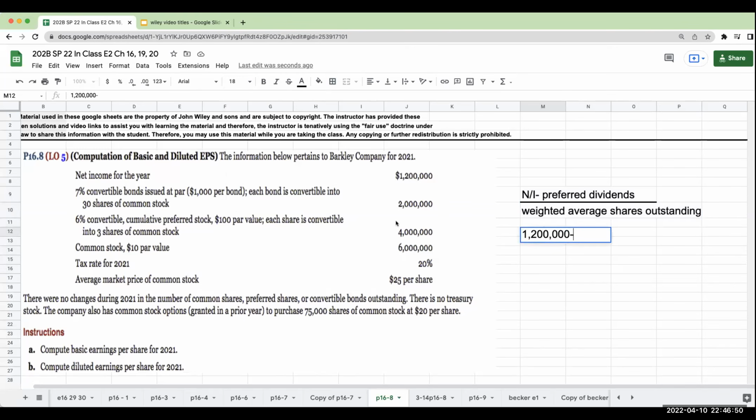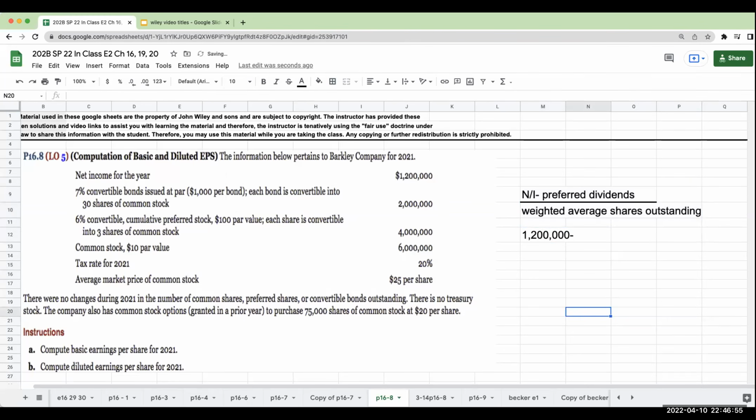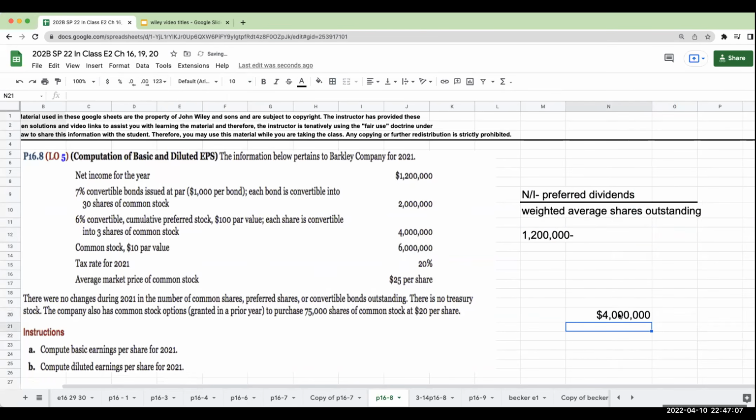Our preferred dividends are going to be, so we had 4 million of preferred stock. And this 4 million of preferred stock, basically, how many shares is this? It's $100 par value.